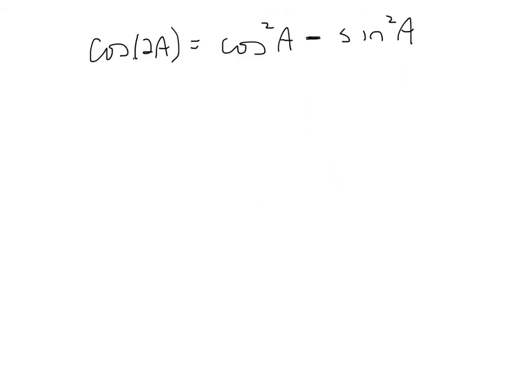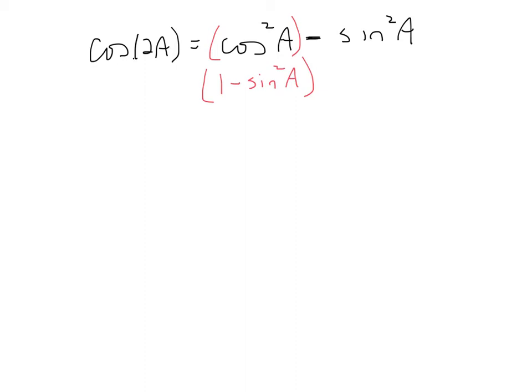What I'm going to do now is use one of those Pythagorean identities to substitute. I am going to take out my cos squared a, and replace it with 1 minus sine squared a from the previous stage of that identity. Cos squared a equals 1 minus sine squared a.